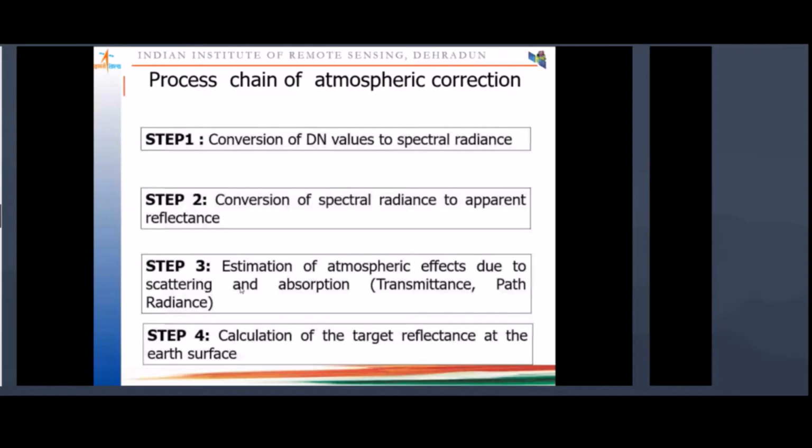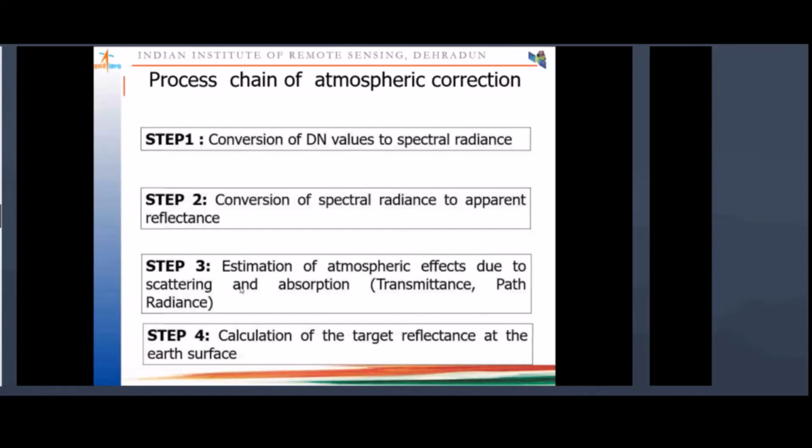Okay, so I rewind here. We are starting with the digital number values. We convert them to spectral radiance. From spectral radiance, we convert to spectral apparent reflectance. Then we may stop at this level also if we are going for qualitative remote sensing.